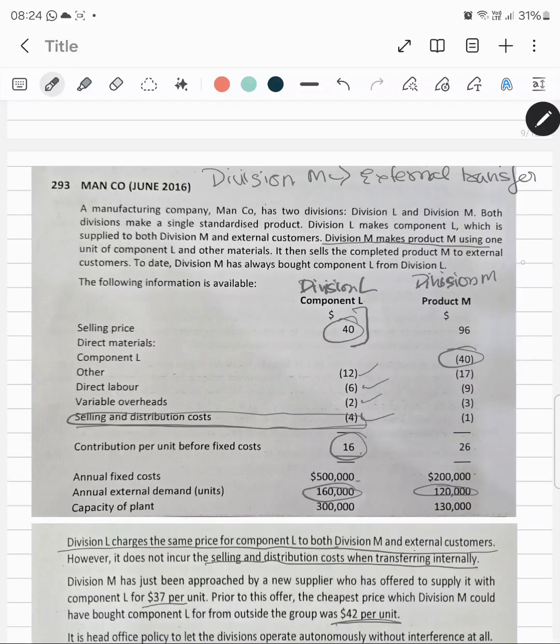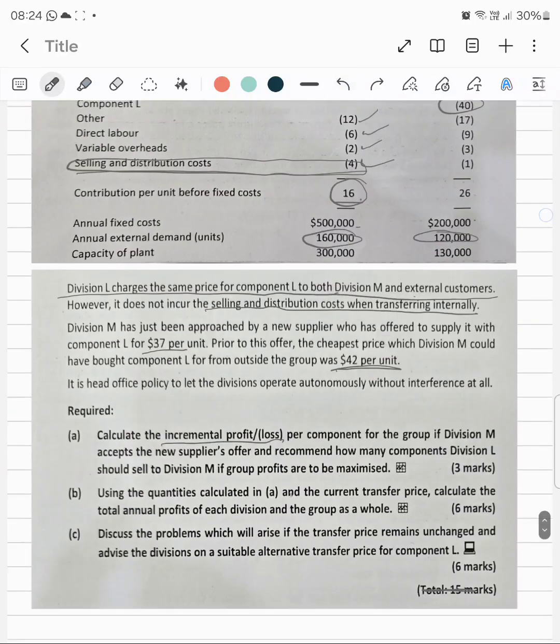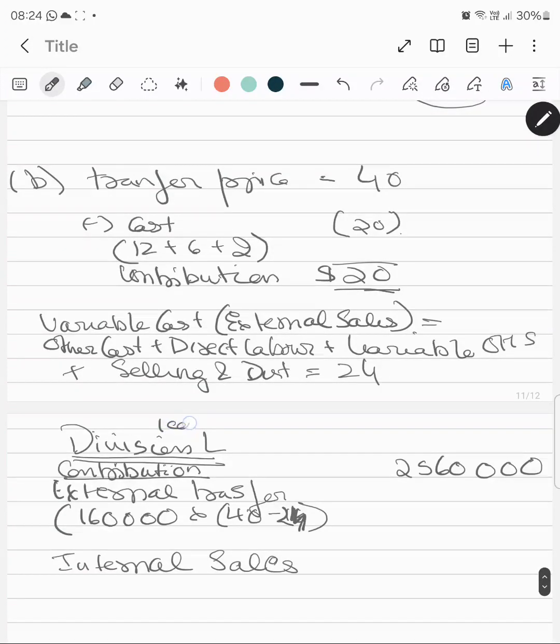So every one product of division M would use one component of division L. Let me write it clearly: one component of product M would use one component L. That means how many units are internally transferred?